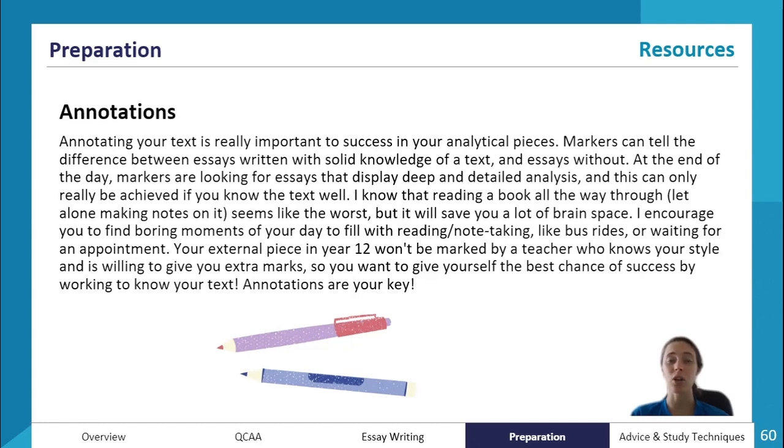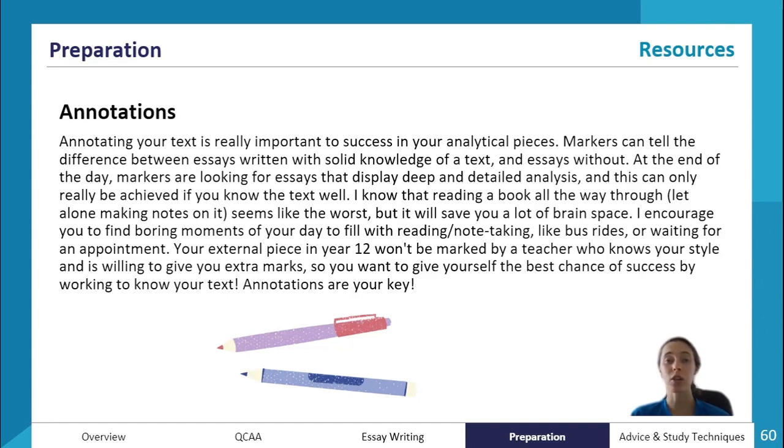As I mentioned earlier, read it more than once. You can be annotating on your first read through, or you can save your first read through purely for understanding the text, and the second read through can be for doing those annotations, digging deeper. Or you can do annotations in both.